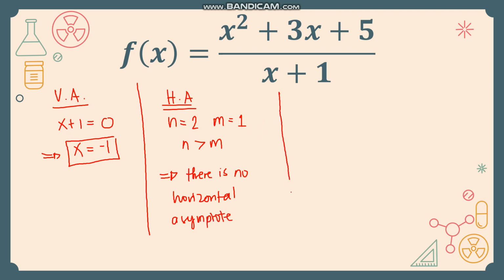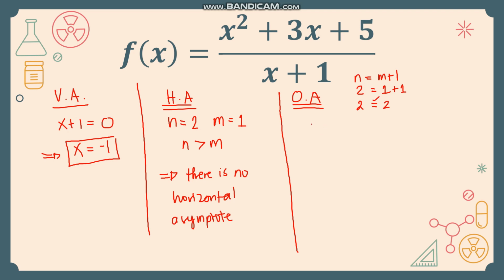Okay? And lastly, for our oblique asymptote, we have n equals m plus 1, or n is 2 equals m is 1 plus 1. So this is 2 equals 2. So correct. That means there is an oblique asymptote here.